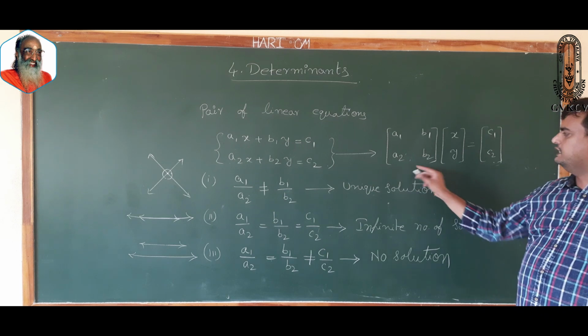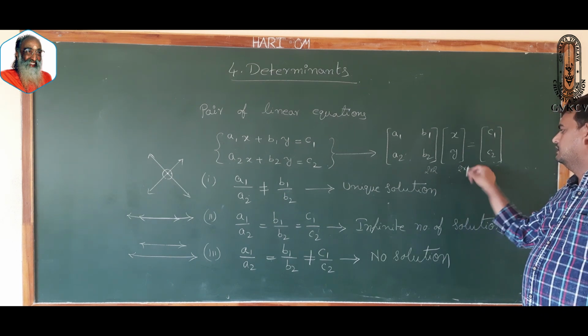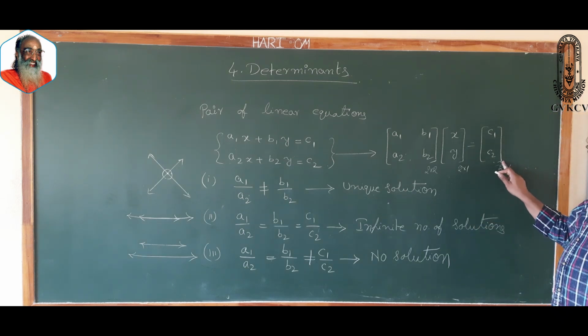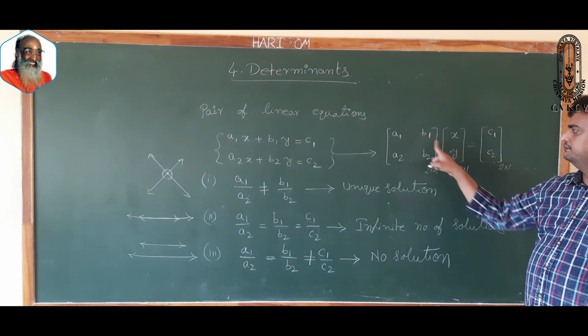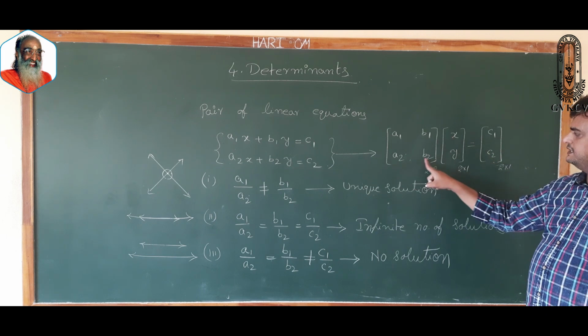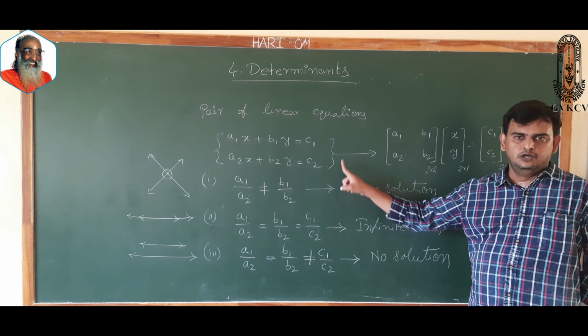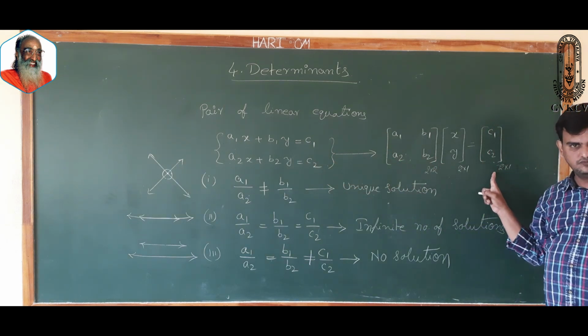The product is a square matrix 2 by 2, a column matrix 2 by 1, and another column matrix 2 by 1. When we multiply, a1 into x plus b1 into y is equal to c1, a2 into x plus b2 into y is equal to c2. Again you get the linear equations. Now the linear equations we have converted into matrix form.